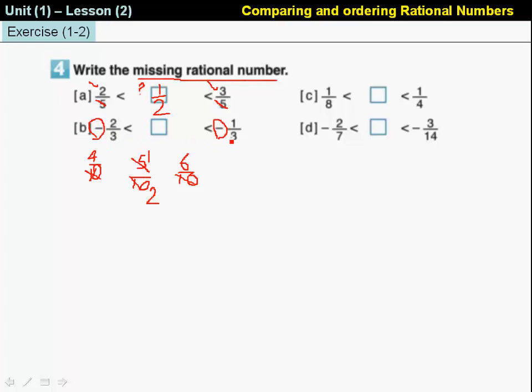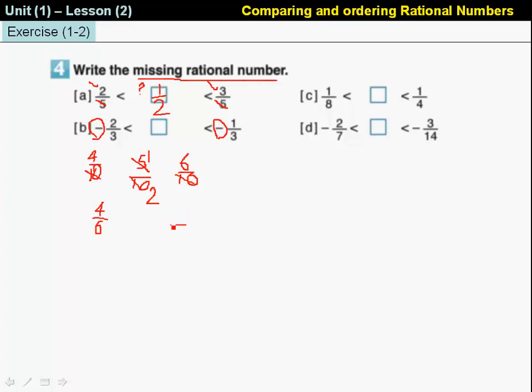Part B. Both have minus sign, so you must be careful about the rational number. Here we have 2 and here we have 1. As we solved this, please multiply both numerator and denominator by 2.